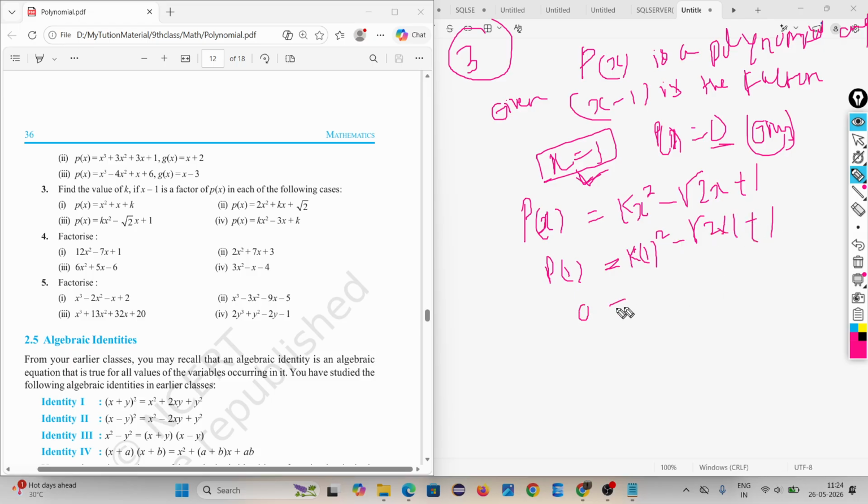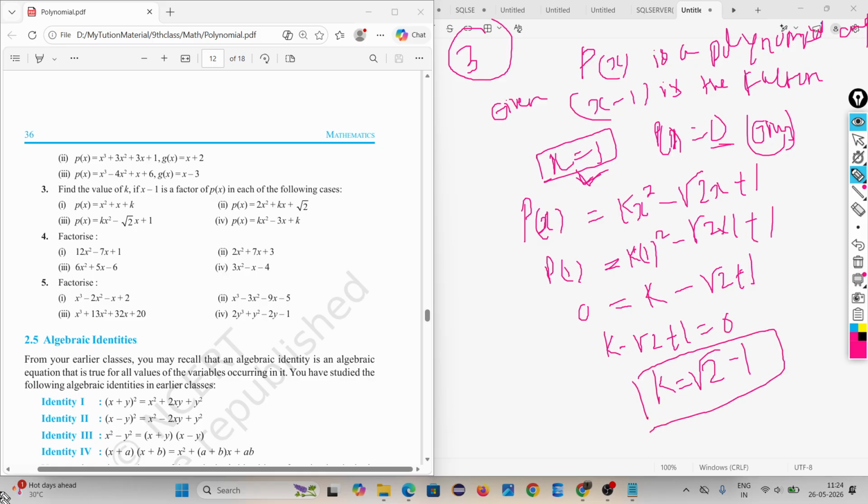It is 0 equal to k minus root 2 into 1 plus 1. So k minus root 2 plus 1 equal to 0. K equal to root 2, if it goes to the other side, plus root 2 plus 1 minus 1. Okay. Okay, sir.